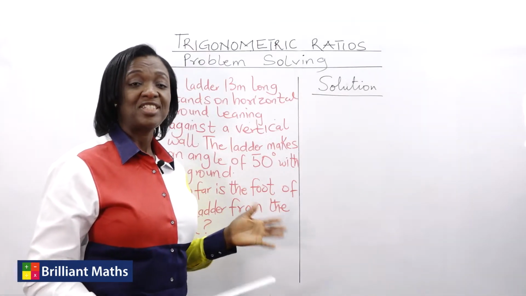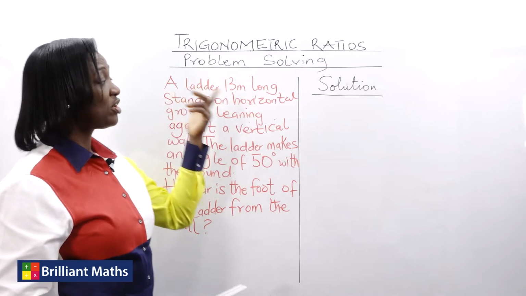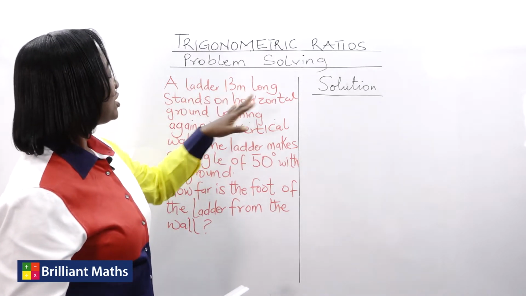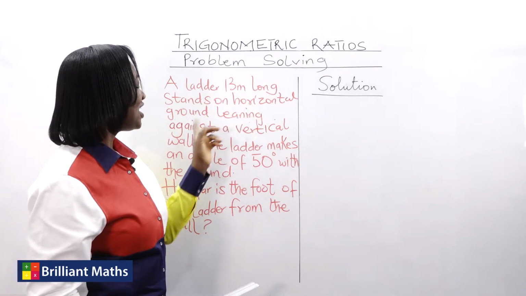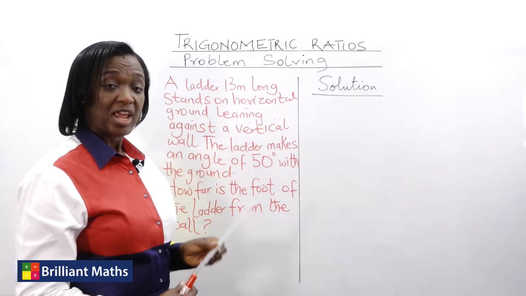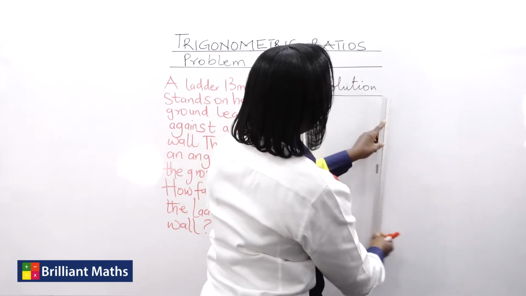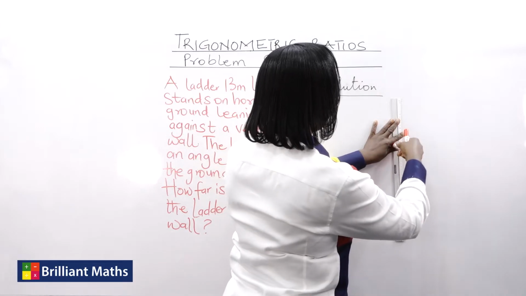In this part of the lesson, we want to learn how to solve problems involving trigonometric ratios. A ladder 13 meters long stands on horizontal ground, leaning against a vertical wall. What does that mean in real life? So we have a ladder that is leaning against a vertical wall.